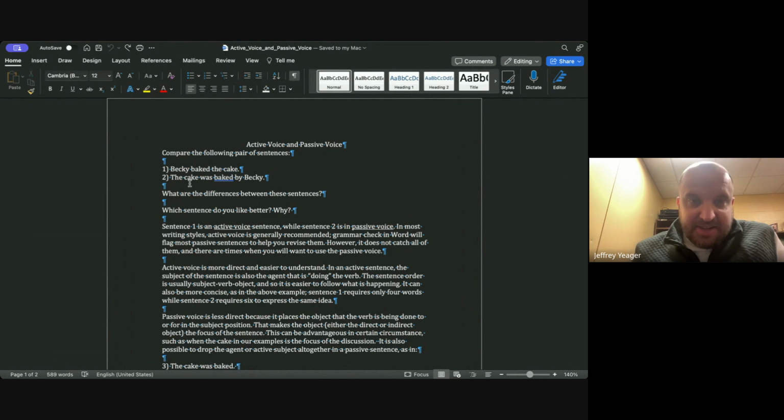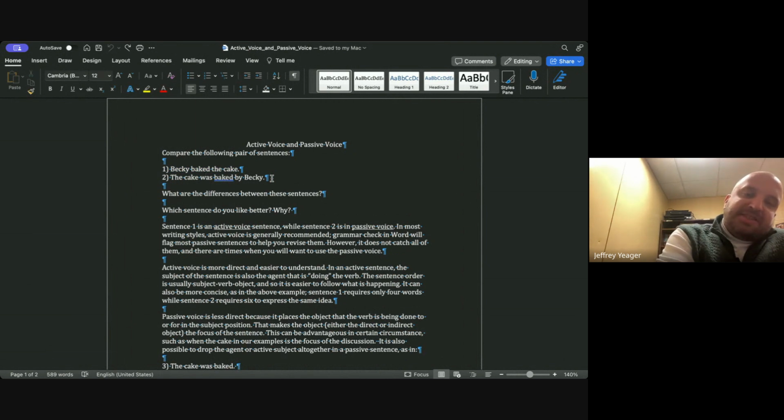Okay. So the difference here is this one is an active sentence. Becky is doing some type of action. Becky bakes. What does she bake? The cake. The second sentence is a passive sentence, and the subject of the passive sentence isn't really even doing anything. It's being acted upon.